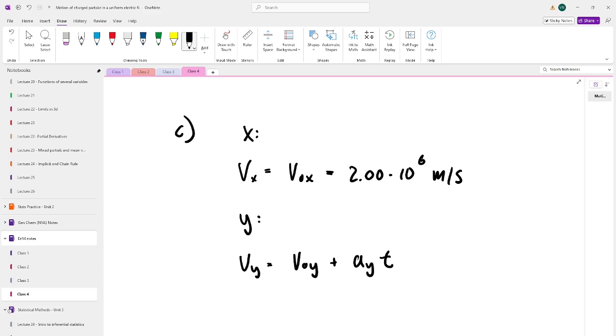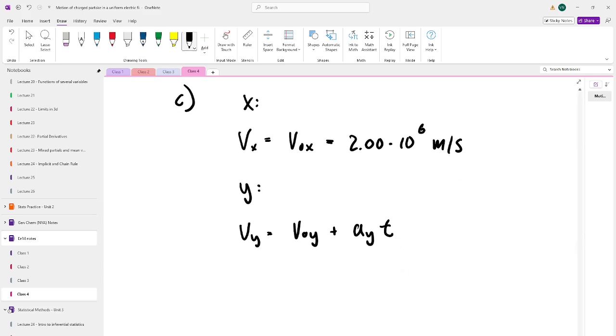So we can plug in all these numbers. We know everything here. We know this value, we calculated this value, and we were given this value. So v_y is equal to the initial speed, 3.00 times 10 to the 6.